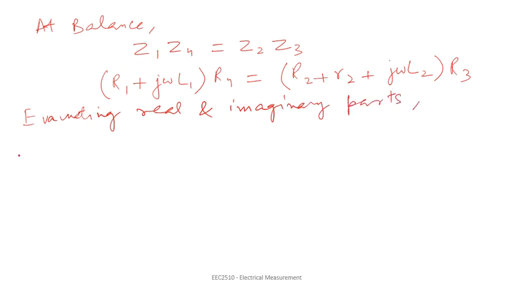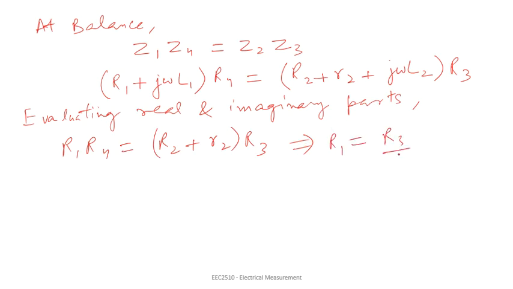If we equate the real and imaginary parts separately, what we will get is R1 R4 equal to R2 multiplied by R3, or from here we get the value of R1 as R3 by R4 times R2.